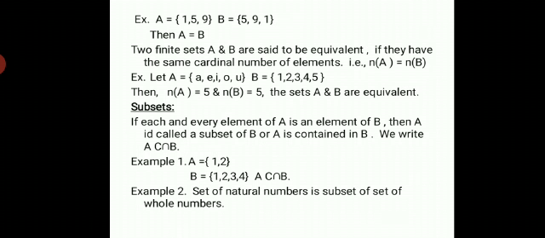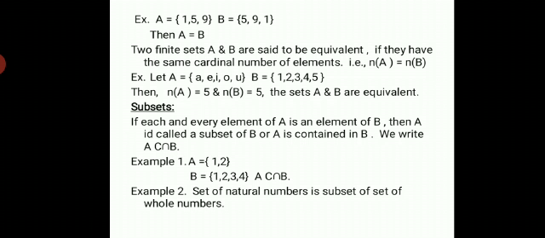For example, set A contains 1, 5, 9, and set B contains 5, 9, 1. No matter the order of the elements in set B, we have the same elements in both sets. 1 is there, 5 is also there, 9 is also there. Hence, we denote this by A = B.